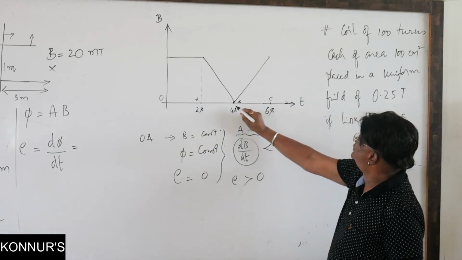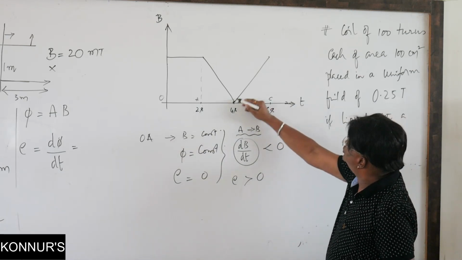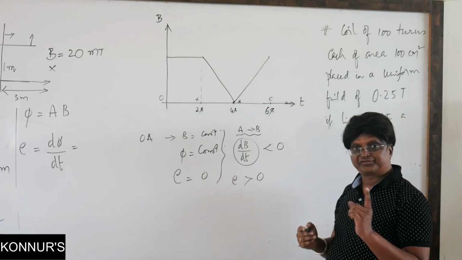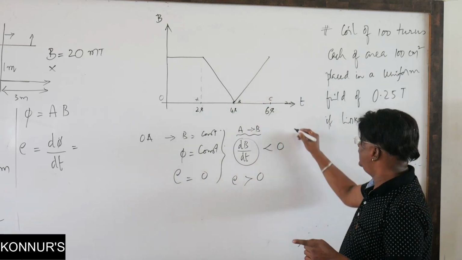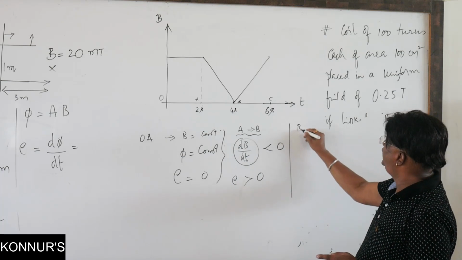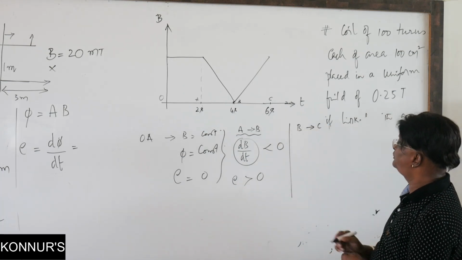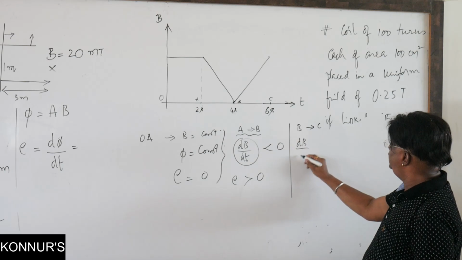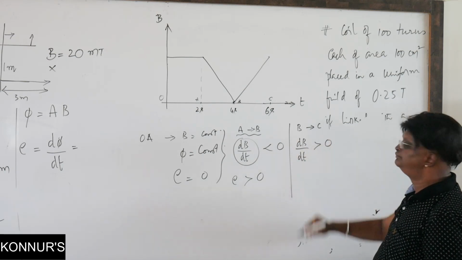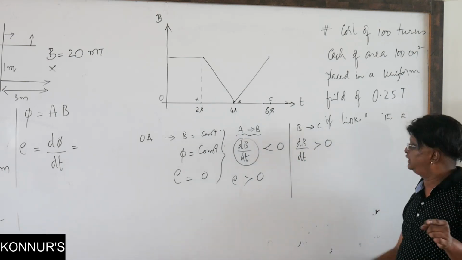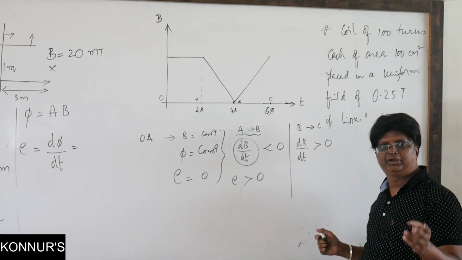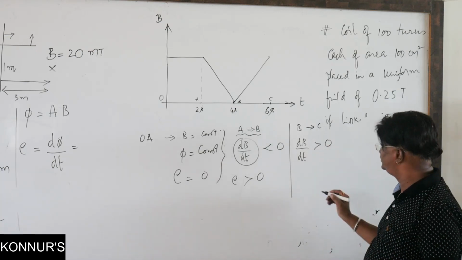Now here you see from 4 to 6 seconds, again it is shown as a straight line, a straight line with a positive slope, which means that from B to C, dB by dt is greater than 0. So one more time there is an increase in magnetic field giving us a change of flux and hence induced EMF.